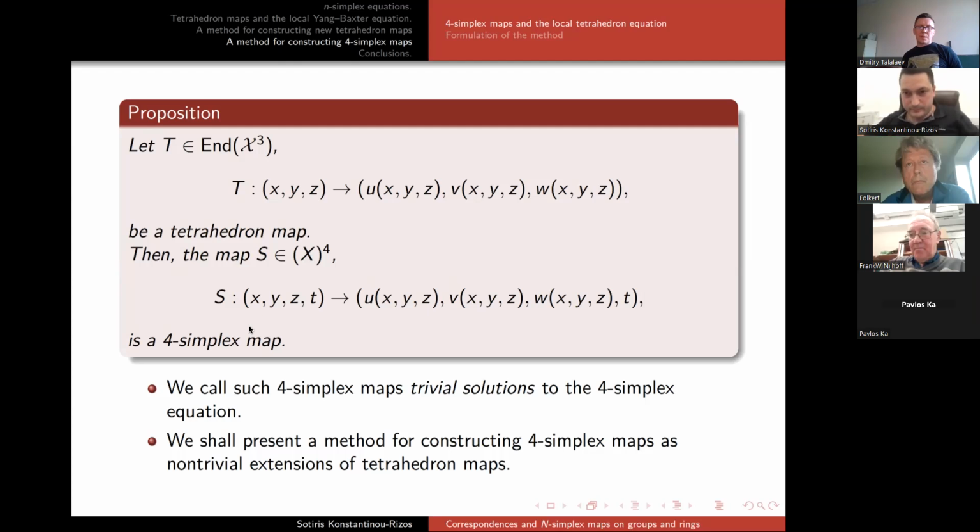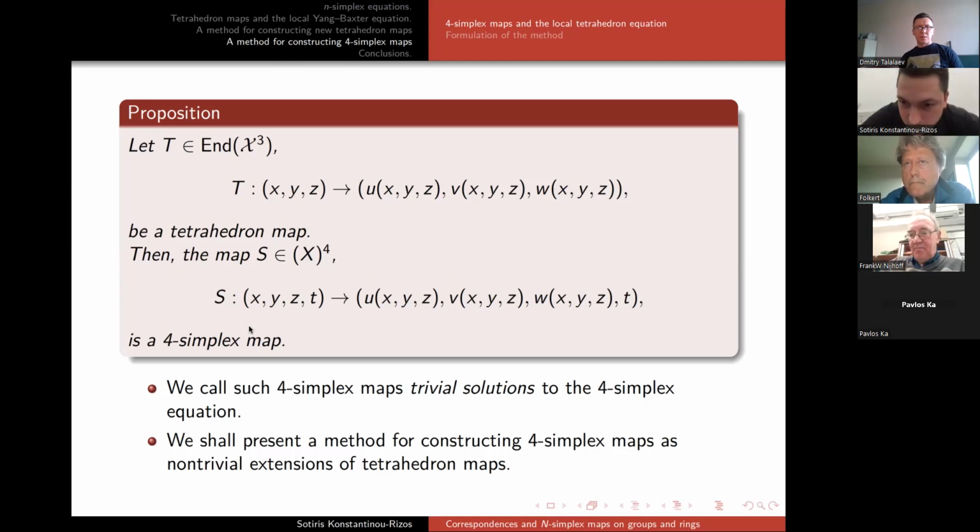For pentagon maps. Pentagons, yeah, sorry, pentagon maps. But if I'm right, in Pavlos's paper, instead of using the local 4-gon equation as suggested by Volker, I think he uses the matrix refactorization problem for simple Yang-Baxter.